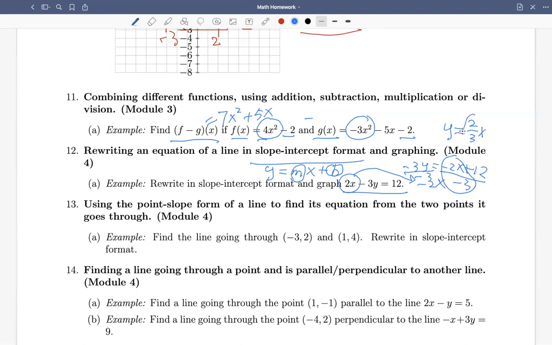We want to write this form because this is mx plus b, right? Then 12 divided by negative 3, that's minus. 12 divided by 3 is 4. So the slope-intercept form is y equals 2 over 3 x minus 4. So the slope is 2 over 3, and b is negative 4.